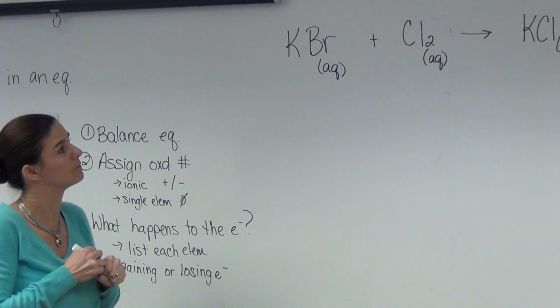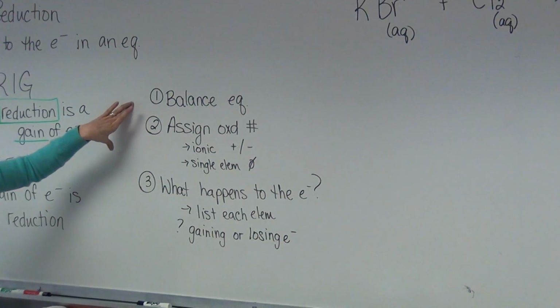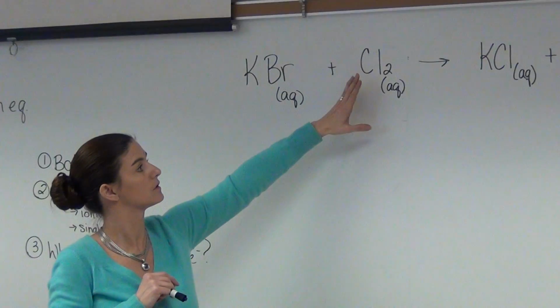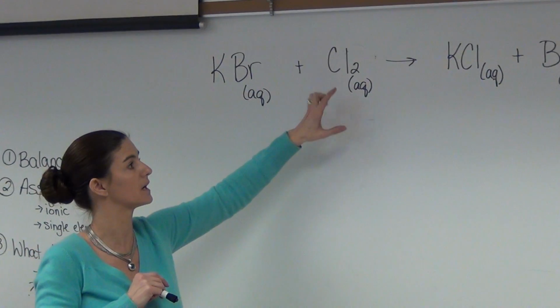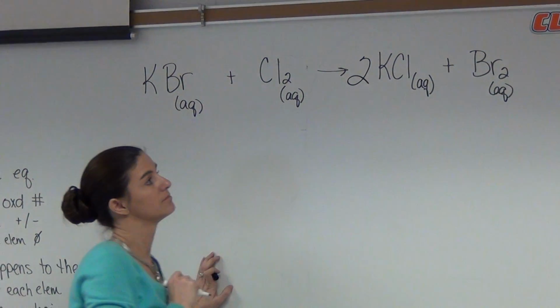Okay? So if we go back to our steps, we've got to balance our equations. In this case, chlorine's got 2, so we have to get 2 over on this side. We're going to use coefficients.